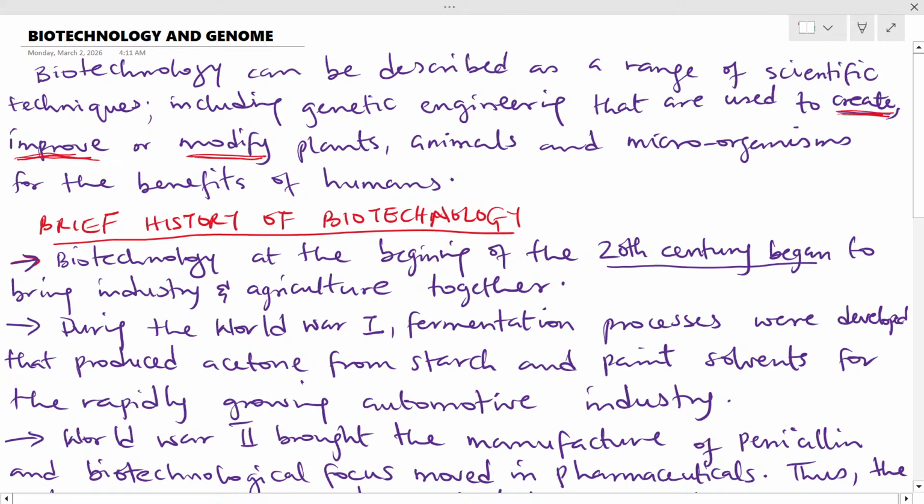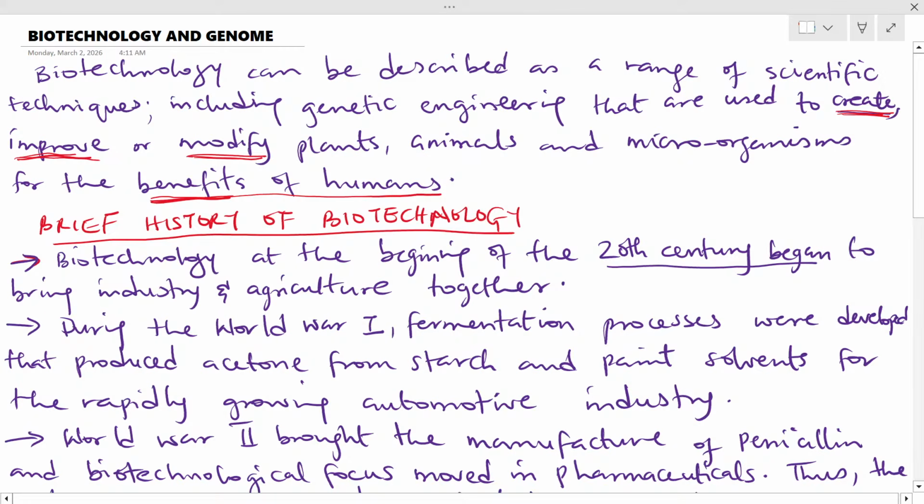And all of this is actually for the benefit of humans. So if you know these keywords, you pretty much have covered what biotechnology is. They are keywords: a range of techniques, and these techniques include genetic engineering.